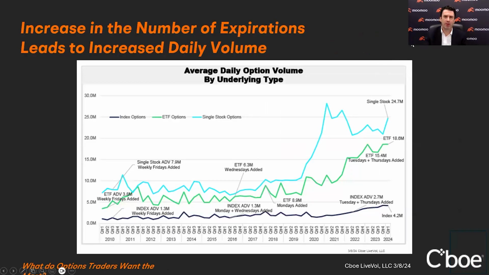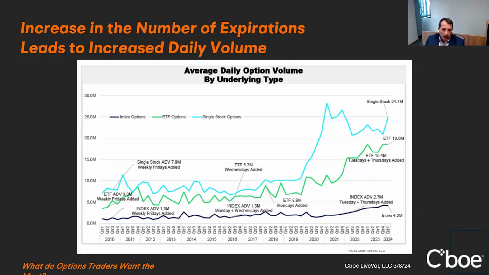And here again, we have another one of Cboe's charts. And what we've seen is that an increase in the number of expirations leads to increased daily volume. And Vince, what I'd like to ask you here is, how has the increase in the number of expirations led to an increase in daily volume?